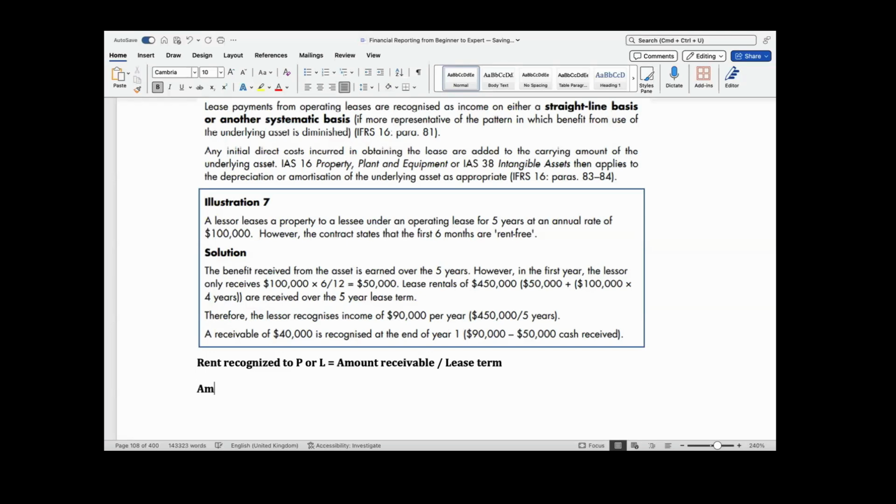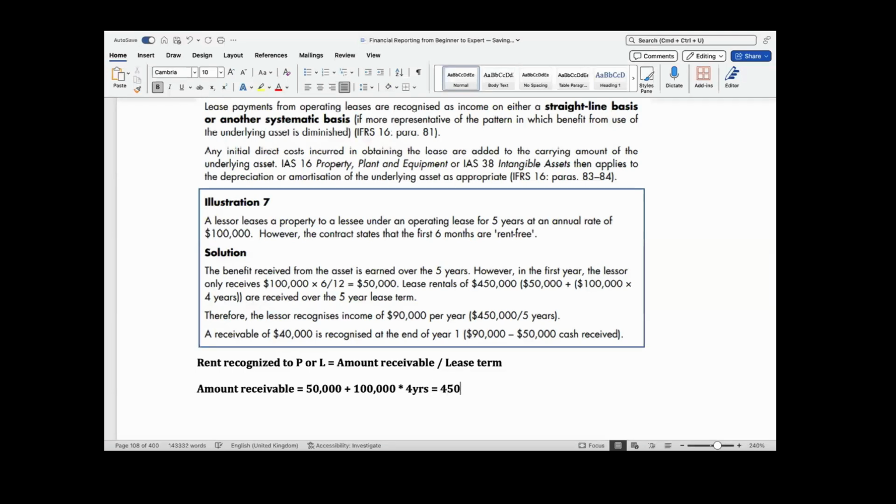In this case, the amount receivable, being that we have given 6 months free for the first year, means in the first year we are expecting 150,000. In the second to fifth year, we are going to be getting 100,000.